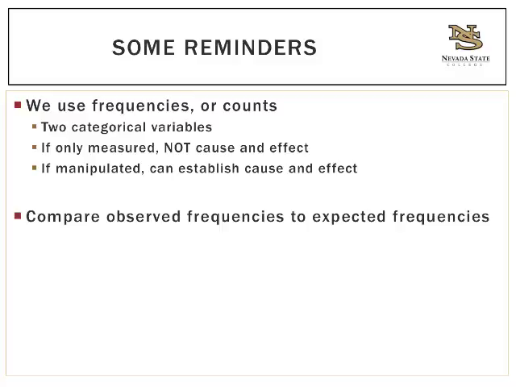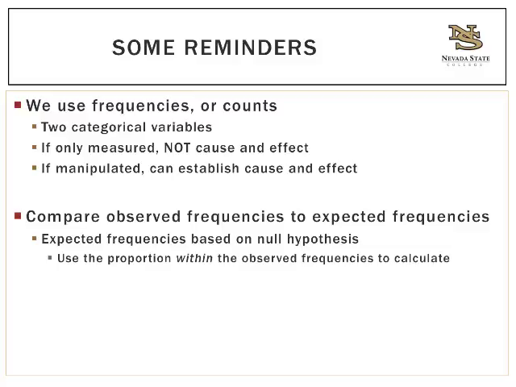We're comparing, just like with goodness of fit test, observed frequencies to expected frequencies. And our expected frequencies are based on the null hypothesis. If there's no relationship between these 2 variables, and we use the proportion within the observed frequencies to calculate.